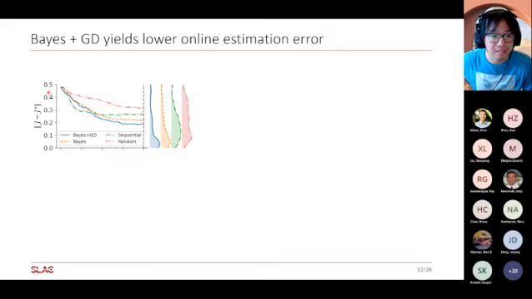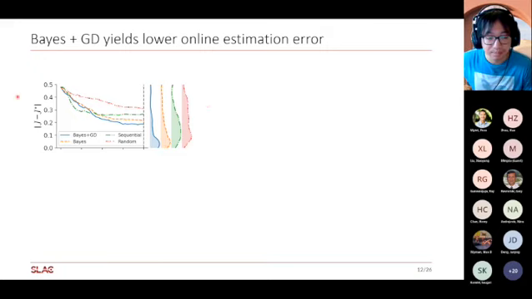The vertical axis is the absolute value of differences between the estimated J and the true J. So basically, you can see the Bayes plus GD, where GD represents gradient descent, gives you the lowest online estimation error. And here I'm plotting the error distribution for the last measurement iteration, and you can see the Bayes plus GD gives you a very concentrated distribution of errors around this very low error region.